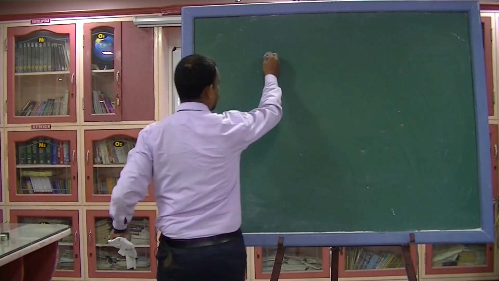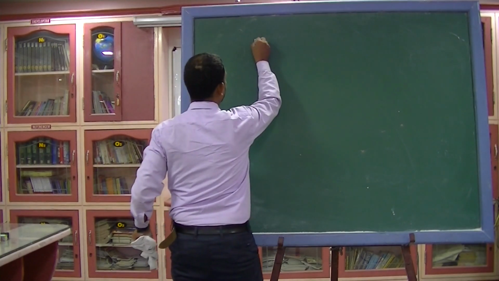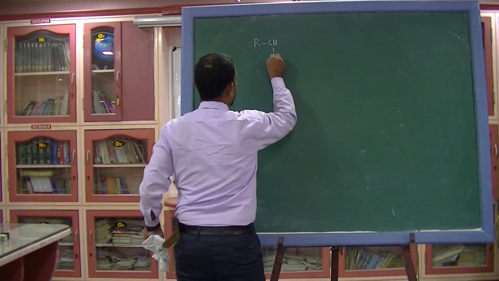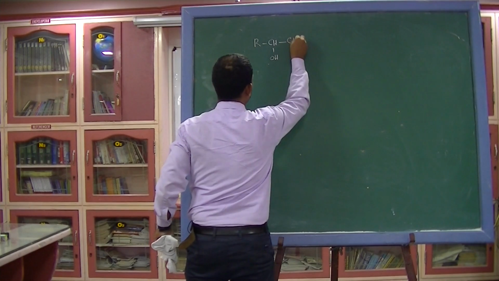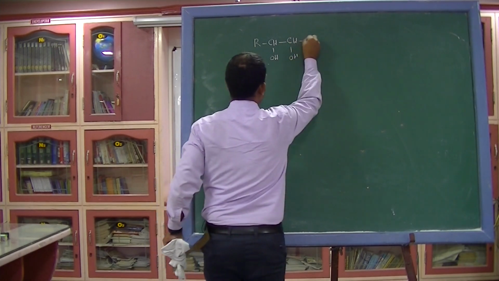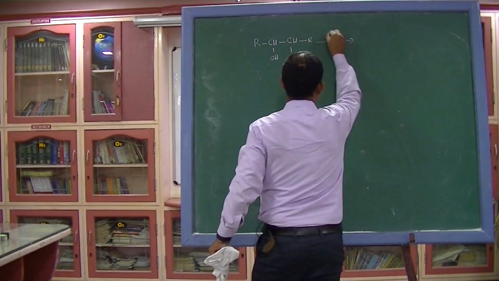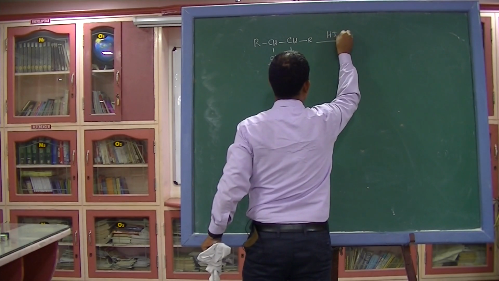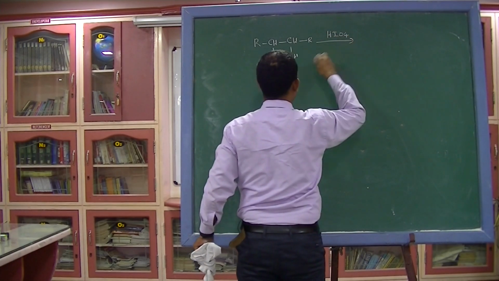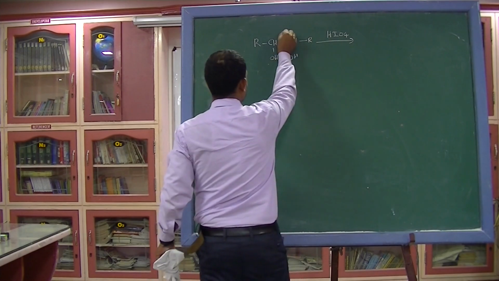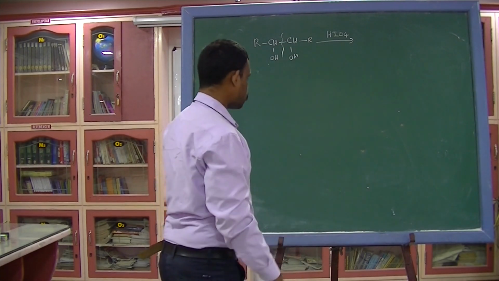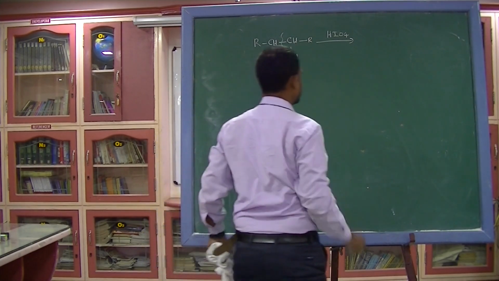The next reaction we are going to discuss: suppose you have a diol or triol. If you treat with periodic acid, this is the structure of periodic acid, here the carbon-carbon bond will get broken.